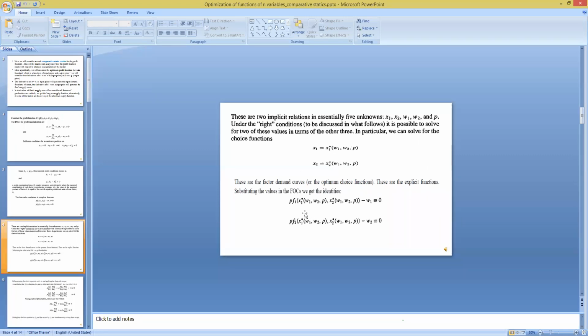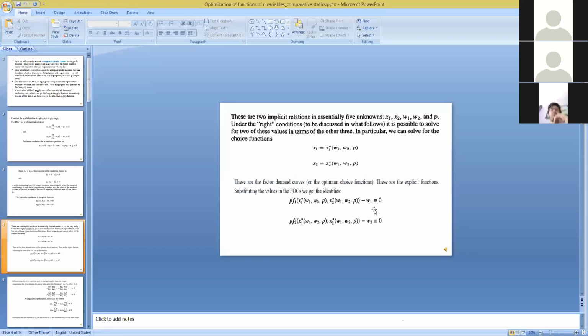And then we are plugging these X1 star and X2 star in the first order condition. Therefore, we are using the equivalent sign, not the equal to sign. So again, I'm writing the first order condition, P F1 as a function of X1, X2, but instead of X1 and X2, we are considering the particular value function X1 star and X2 star, which are functions of W1, W2, and P. And there was minus W1 there in the first order condition.